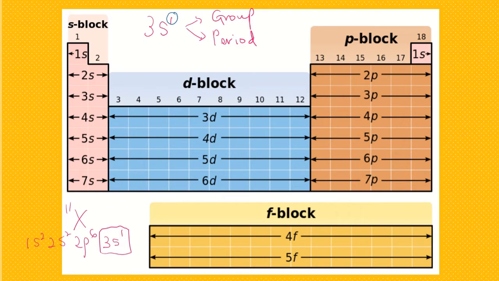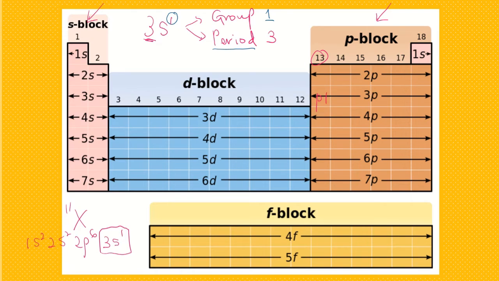If it ends with 1, that will be group 1. Whereas the period number can be obtained from the digit written before the orbital, and in this case, that's period 3. From here, we can tell the exact location. S orbitals refer to groups 1 and 2, whereas P refers to groups 13 to 18.